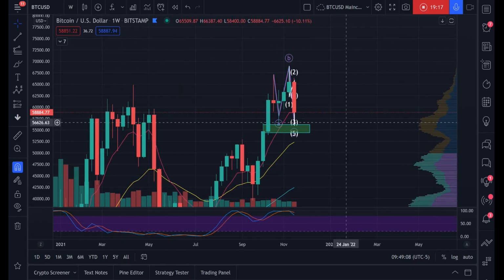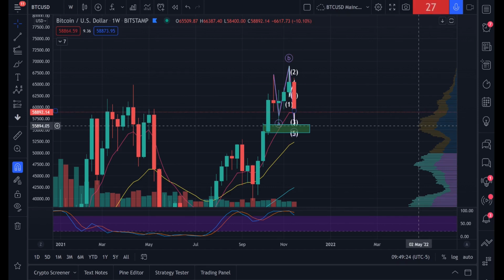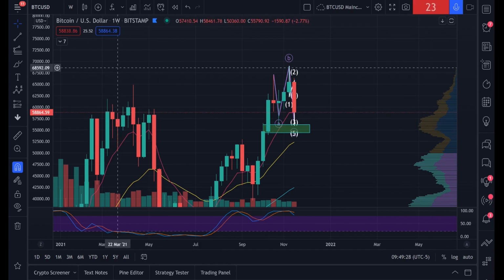And Daniel, please correct me if I'm wrong. I think you said yearly chart. In any case, 56.5 is a crucial node. We do see on the VPVR on the weekly time frame that we do have a node, a strong level of support it will be since we're above it at 56.5, right here. So this is very likely where I'm taking profit and getting ready for my longing the 2 wave, okay?